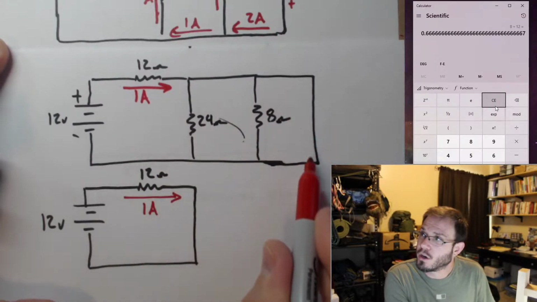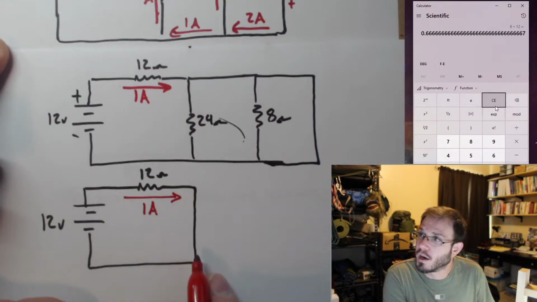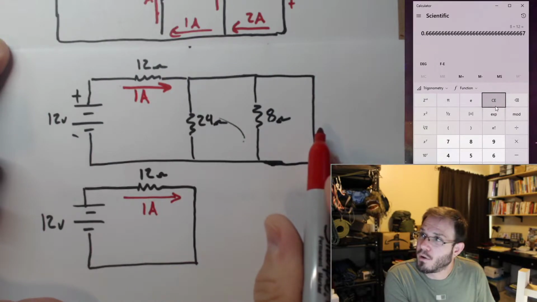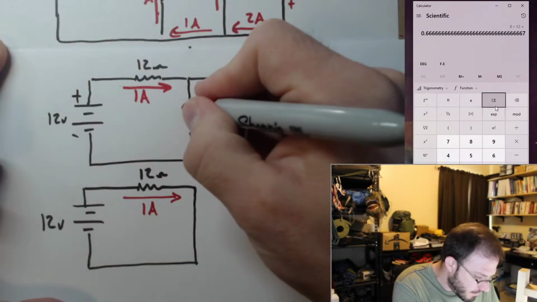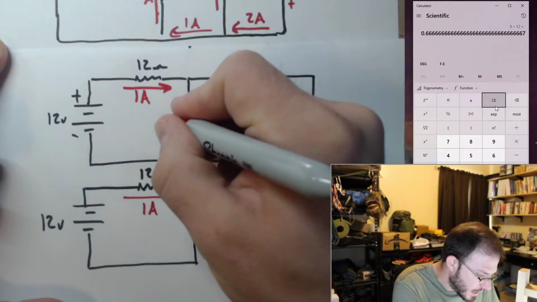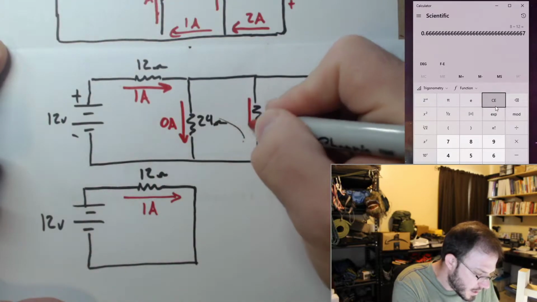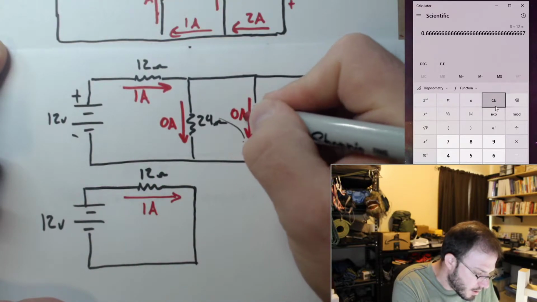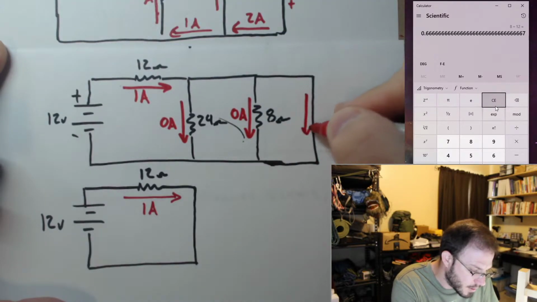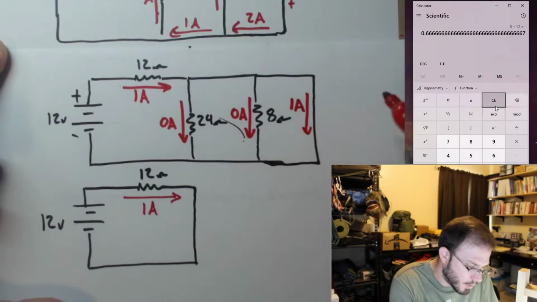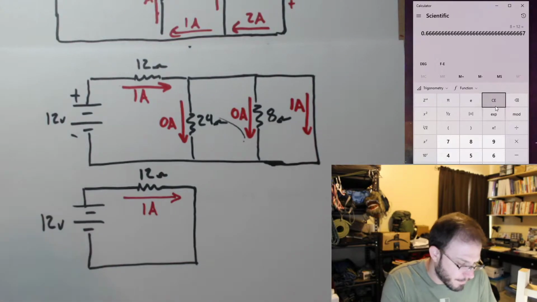We only got current going through this short with a value of 1 amp. So to be very explicit here, I had 0 amps here, 0 amps here, but I did have 1 amp going through the short, right?